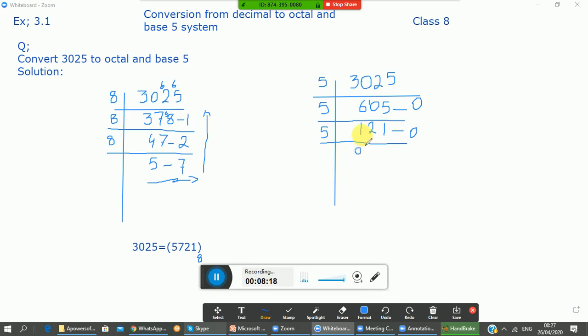So this 0 is useless. Now combine with the next digit, it becomes 12. 5 twos are 10. 2 is remaining, so combine with the next digit, it becomes 21. So 5 fours are 20. So 1 is a remainder, and this 0 you can see that it is useless, so no need to write this 0.